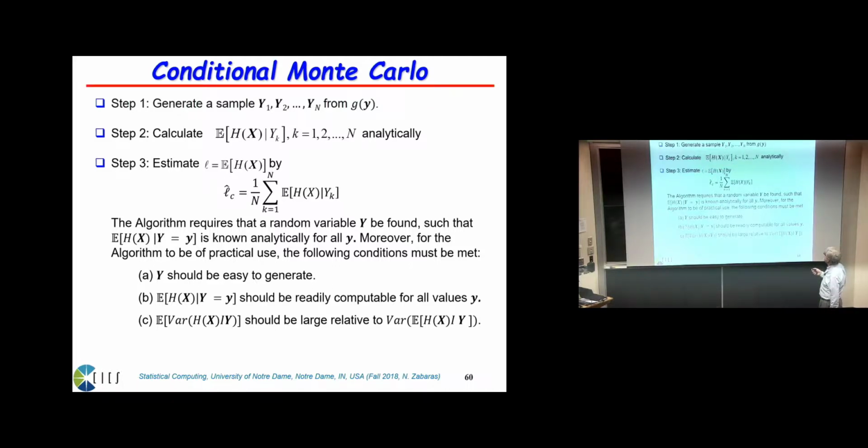That would be an extremely rapid type of calculation. And then what you do is, you are going to use Monte Carlo for the outer expectation we had. So 1 over n, summation from k to capital N of these expectations. And that's the algorithm. Okay?